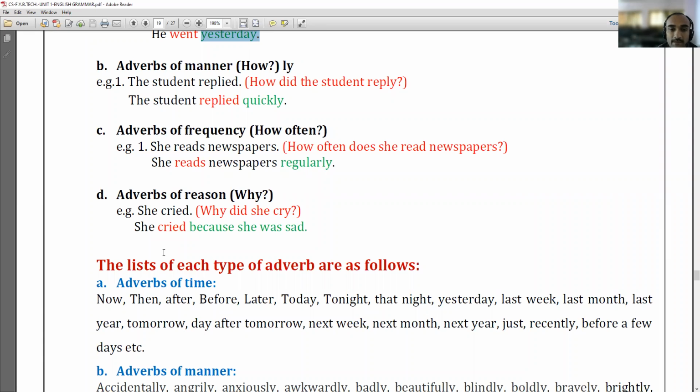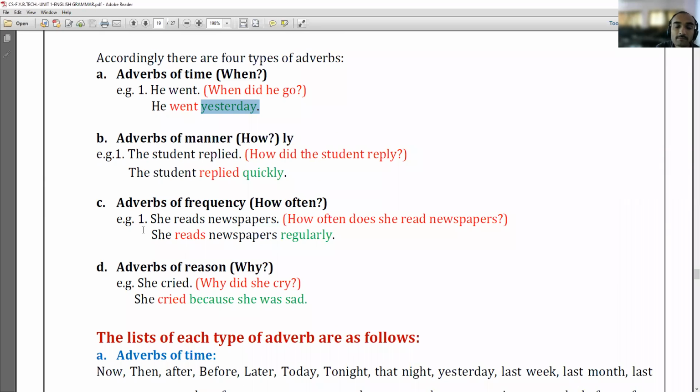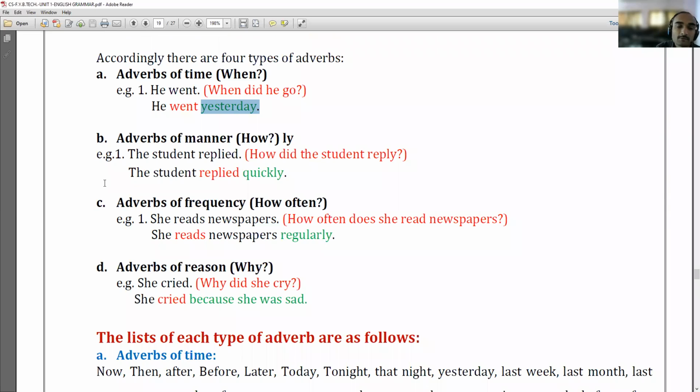Is it understood? हे समजले चार प्रकार. Yes, sir. Adverb of time, adverb of manner, adverb of frequency, and adverb of reason. So adverb of time is the adverb which is describing about time. Okay, time बद्दल अधिक माहिती जेव्हा देतं तेव्हा त्या adverbला adverb of time म्हणतात.